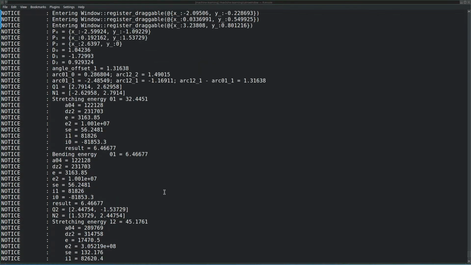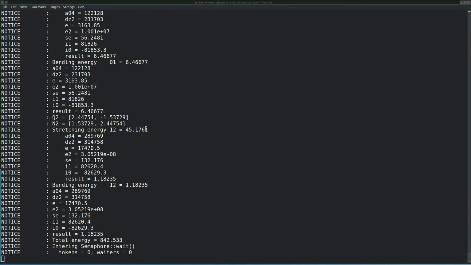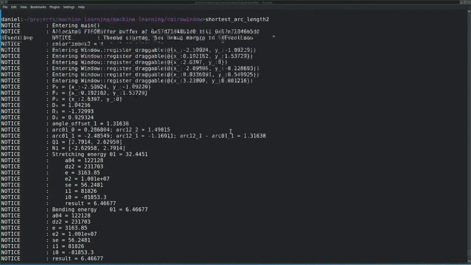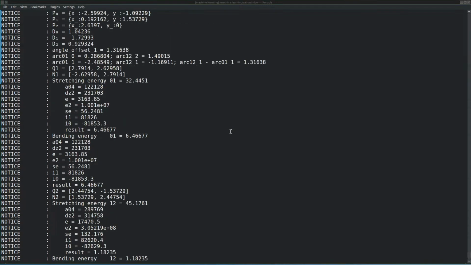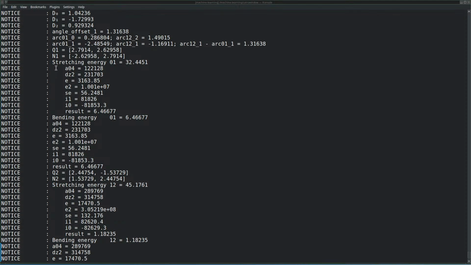You have two of them. So we take the first one. Wait a minute. And the second one is Q2. We go with Q1 and these angles. So this is the list that I have to look at. There's my 6.466.